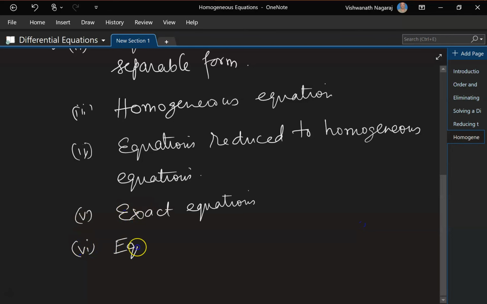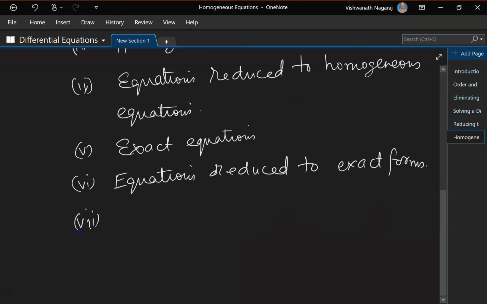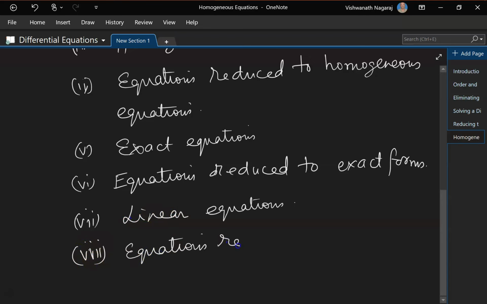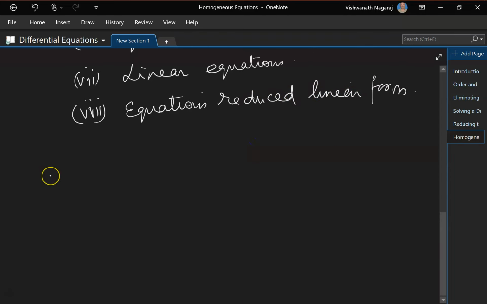Then equations reduced to exact forms. Then linear equations. And finally, equations reduced to linear form. Okay, so this is what we are going to do. So today we are going to look at homogeneous equations.